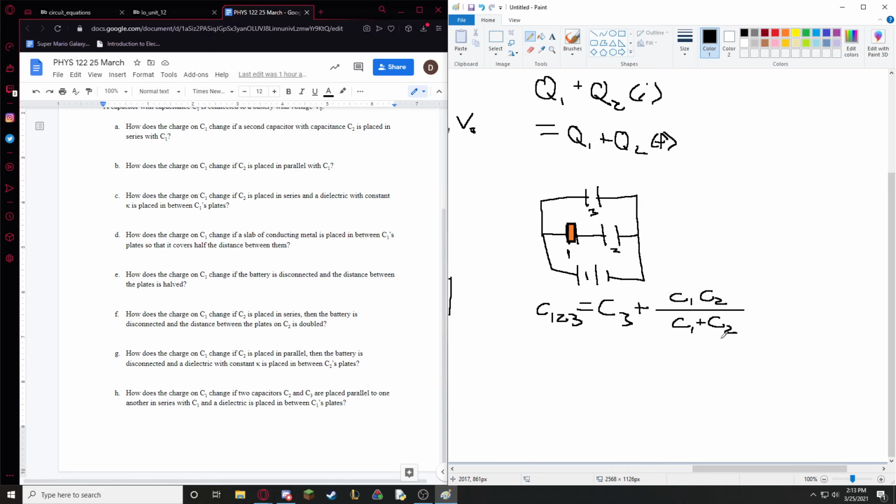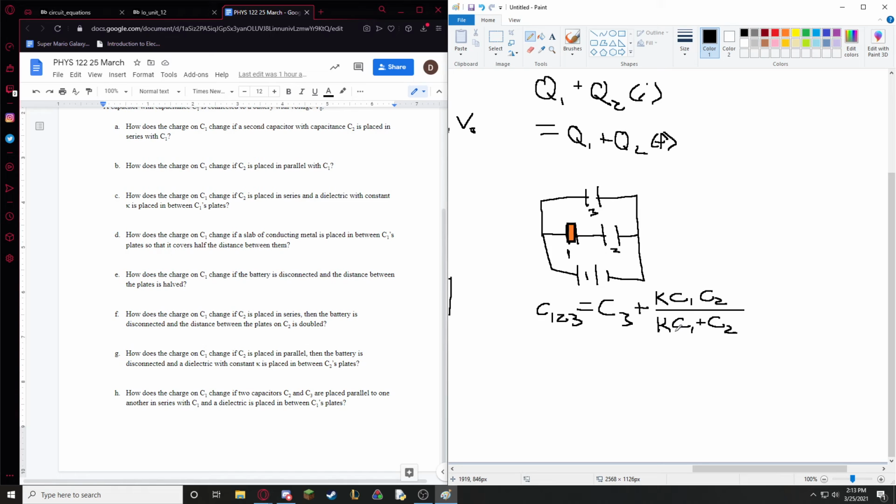And then last thing, we also have to take into account our dielectric, right? Where we have kappa in front of both of our C1s. So that's how we get our total net capacitance.